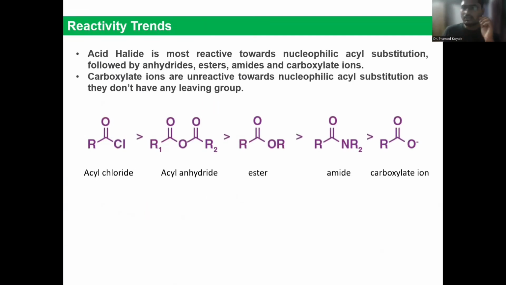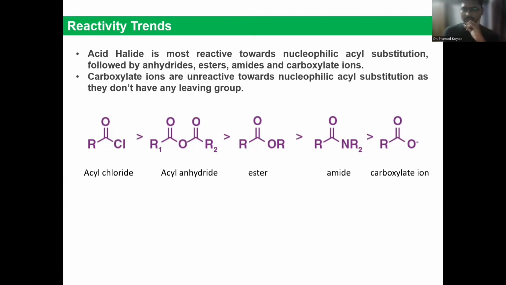They have certain trends in concern with the reactivity of nucleophilic substitution. Acyl chloride shows the maximum or a higher rate of nucleophilic substitution as compared to the other derivatives. Why? Because chlorine is a good leaving group, and if the leaving group has a better ability to detach itself from the carbonyl compound, then it will show a higher rate of nucleophilic substitution.